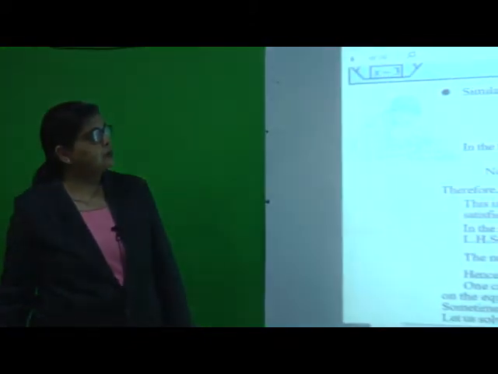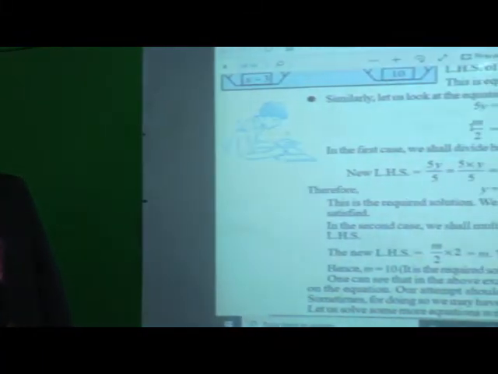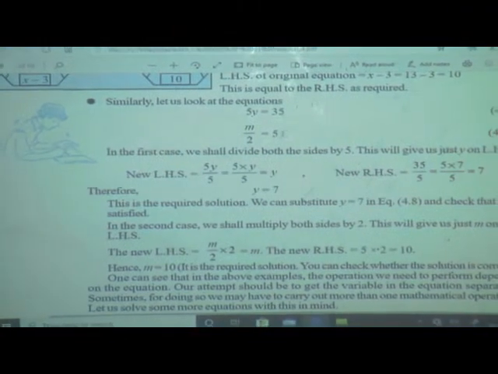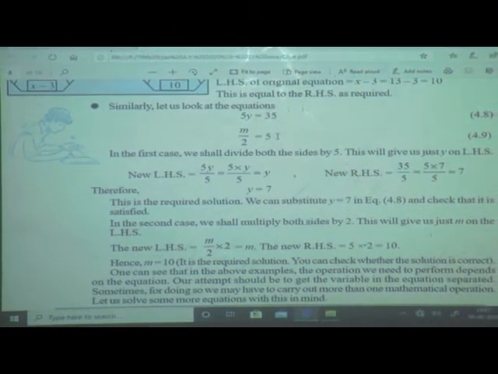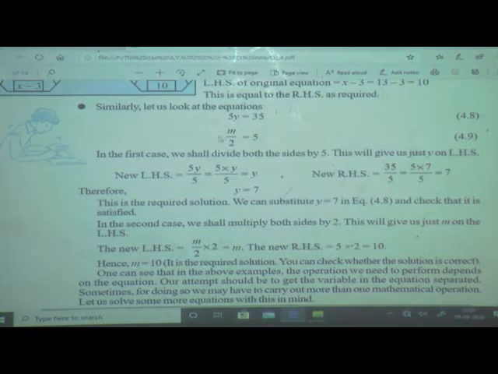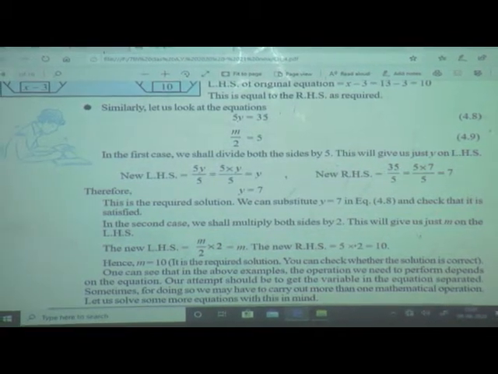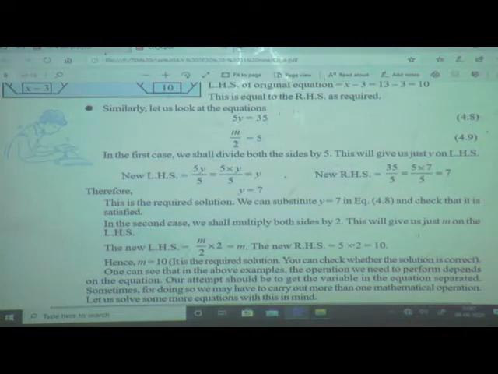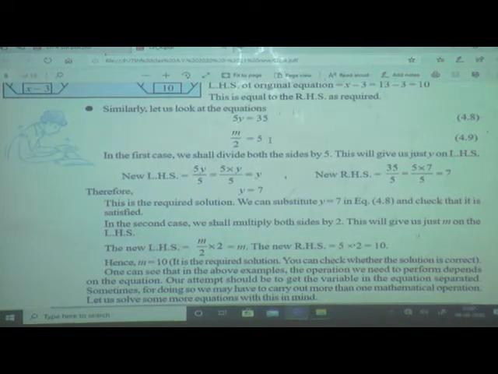So we have an equation here: m upon 2 is equal to 5. This is in the form of a division. So m upon 2 means m is divided by 2 is equal to 5.